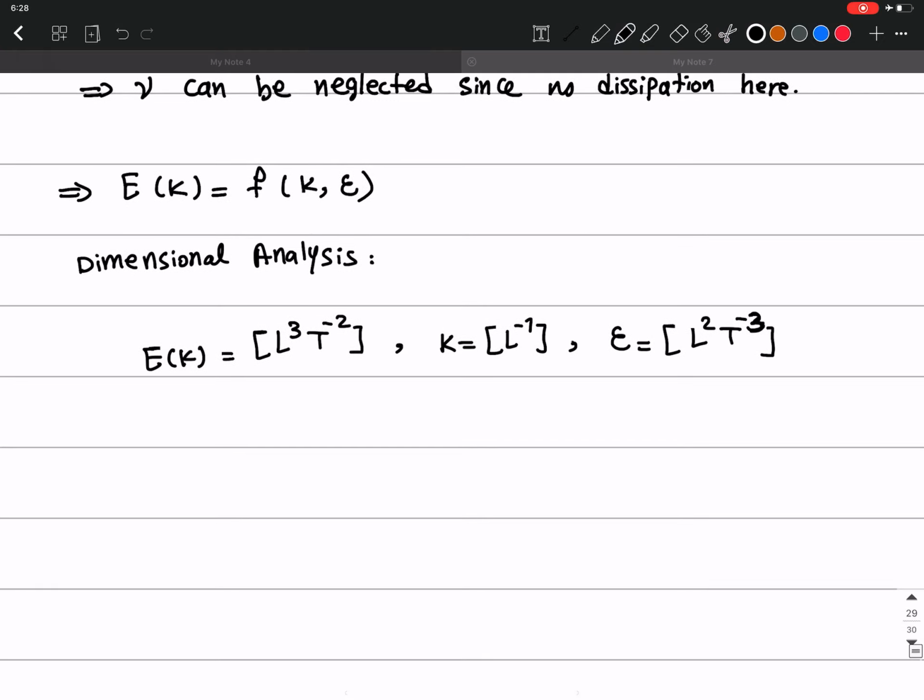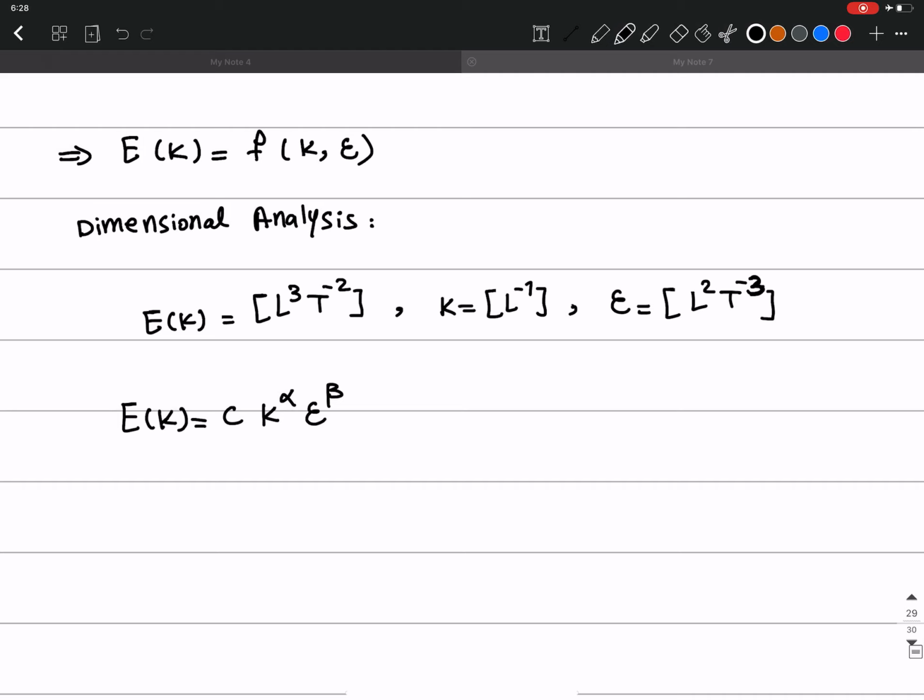So now, based on this, we can do a simple dimensional analysis. So let's say Ek is C, where C is a constant, then k to the power alpha, and epsilon to the power beta. So let's do a dimensional analysis. The dimension of the left-hand side should equal the dimension of the right-hand side.